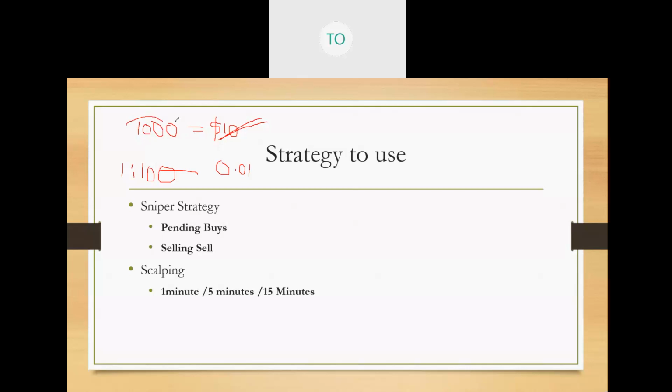Let's learn how to do this with a small account. Then the rest will be easy. If you can target just 1% of 1,000 for the day, then you're okay.